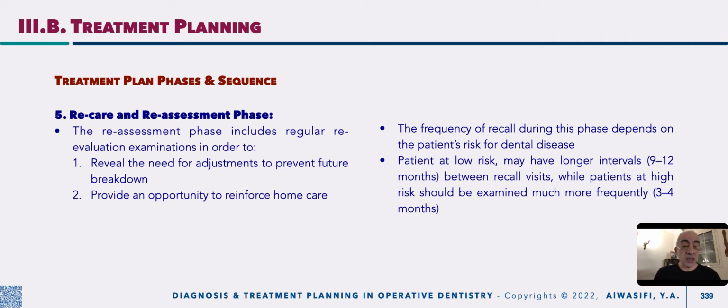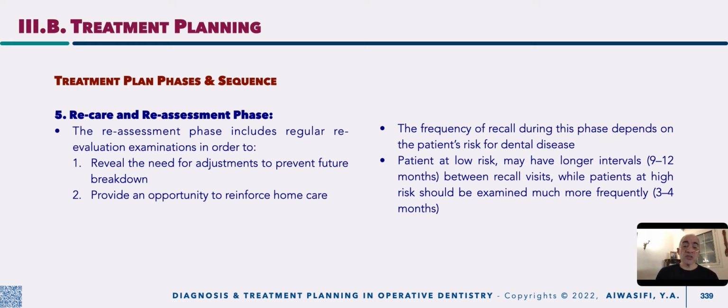Then you are in need of reassessment and a follow-up visit, one immediate within a few days and one according to the severity of the case and the risk value of the patient according to the risk assessment.